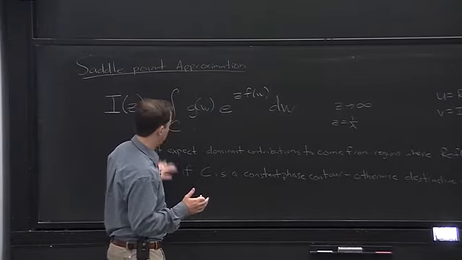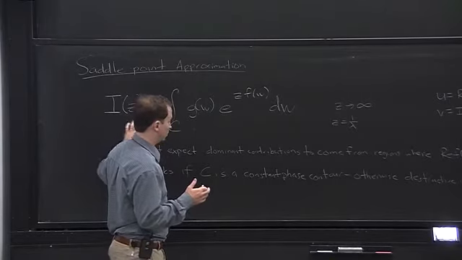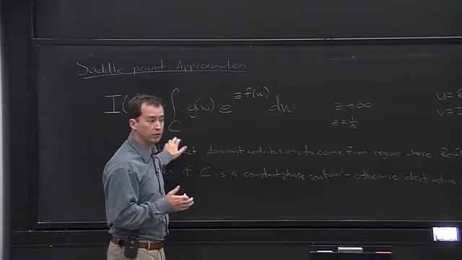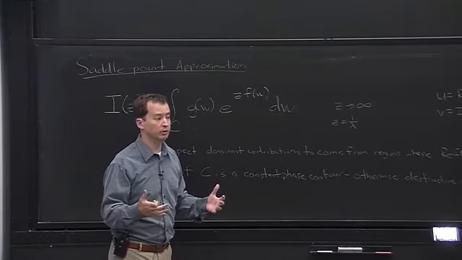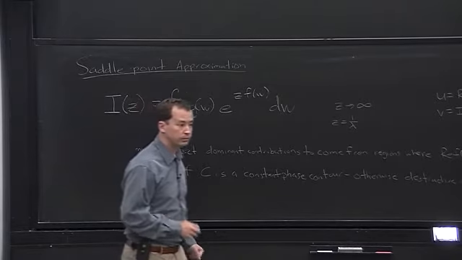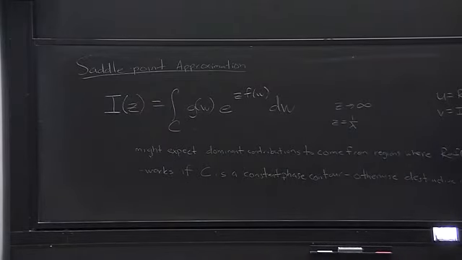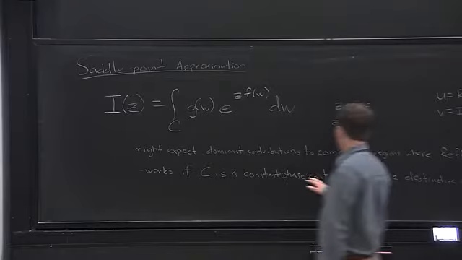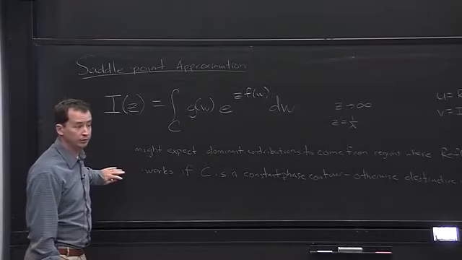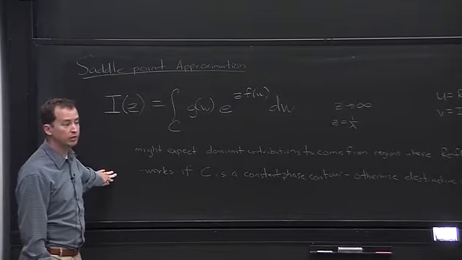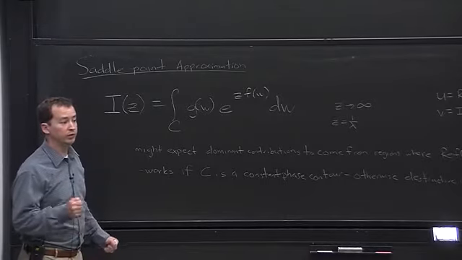But the fact that this saddle point approximation is applicable only if this is a constant phase contour tells us something about how we should deform the contour. In principle, there are many different ways that we could deform the contour, assuming that the poles don't get in the way. We could deform it to go through any or all of the saddle points, and in principle, those would give us different asymptotic expansions. One of those would be right. And if we keep in mind that this works only if we have constant phase contours, that will tell us which of the saddle points are relevant.